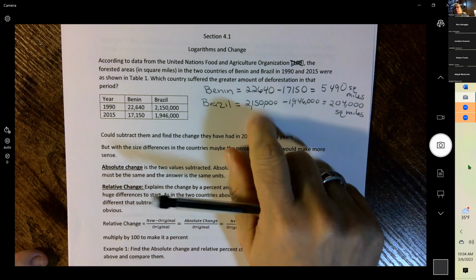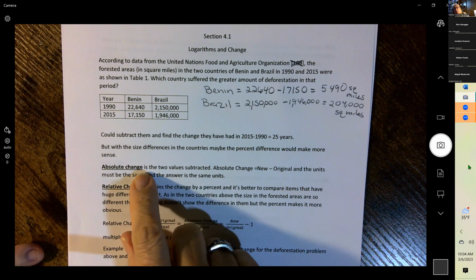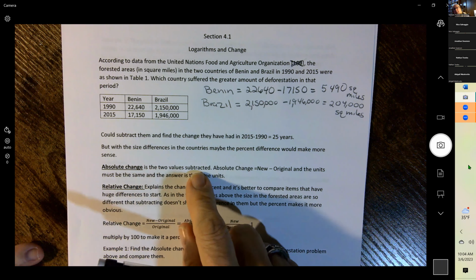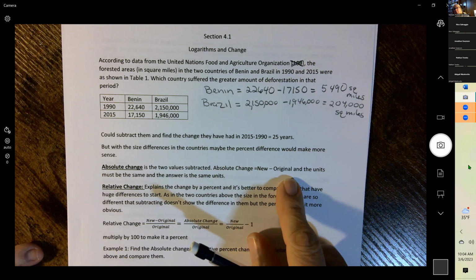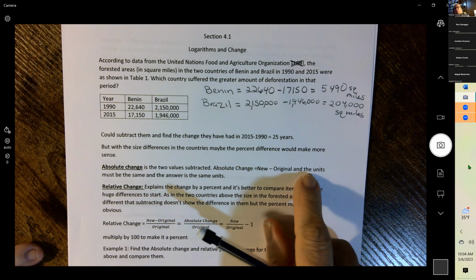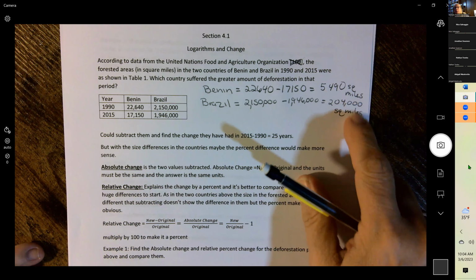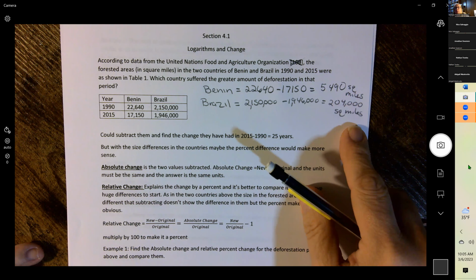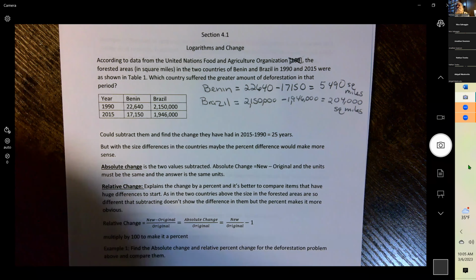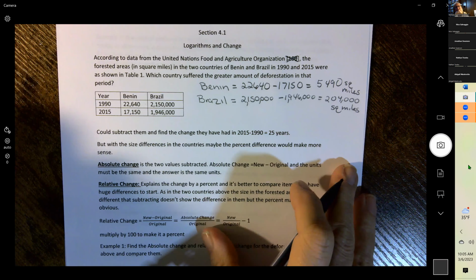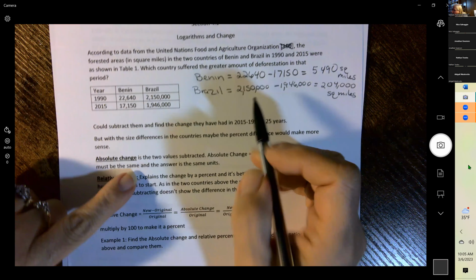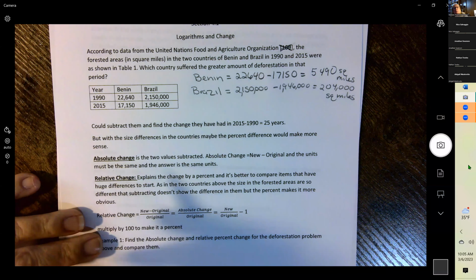That's called absolute change. The two values are subtracted. Your newer value minus your original, and it keeps the same units, square miles. So when you just subtract them, that's absolute change.